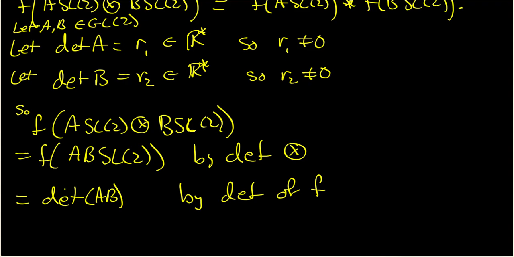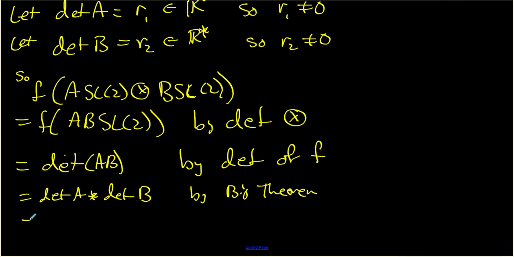And the determinant of A times B is going to be the determinant of A times the determinant of B. That's by our big theorem from an earlier video.